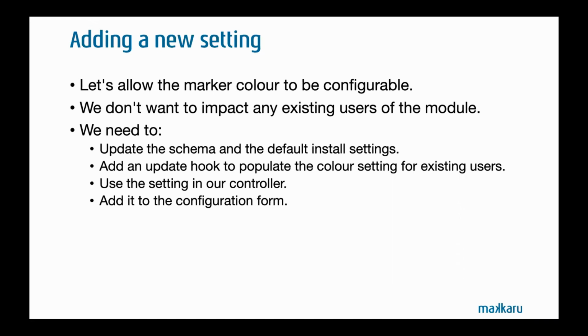You don't want to deploy something and it breaks your live site until you've added some configuration or corrected it. So what we want to do is update our schema and also the default install settings, or the config. We also want to add an update hook so that we can populate the setting for existing users of the module. We can then use the setting in our controller, and we can also add it to the configuration form.